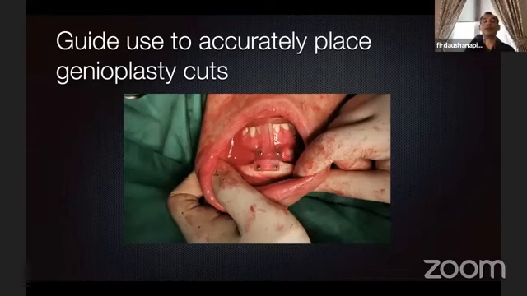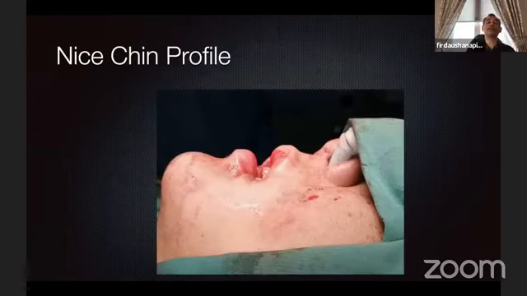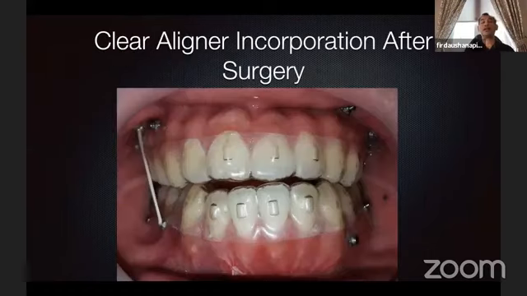So it'll be a sliding forward genioplasty. As you can see, the chin profile after the genioplasty is quite acceptable. After the surgery is done, clear aligners are incorporated. You can see absolutely no orthodontics, just clear aligners, and his case is progressing quite well.